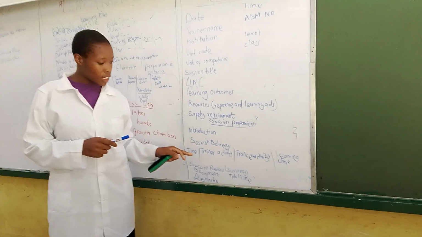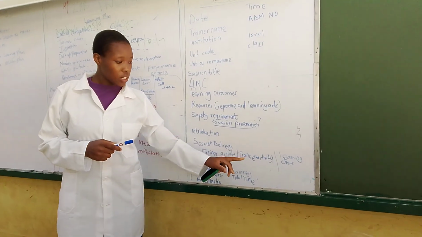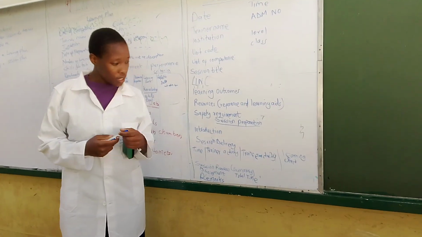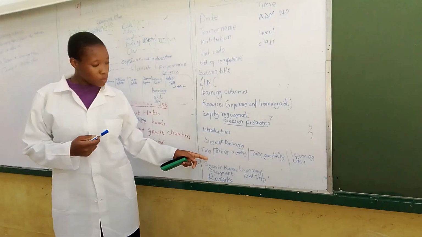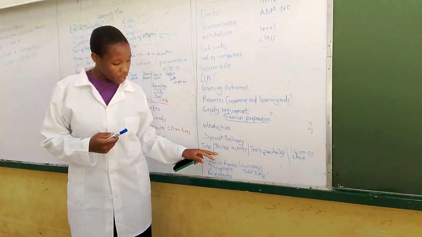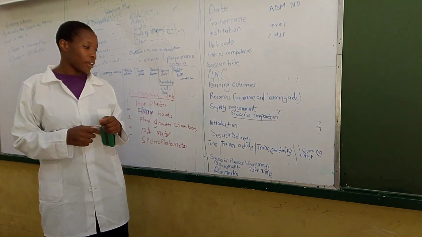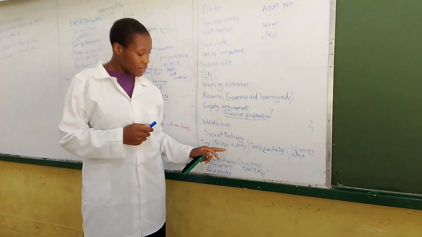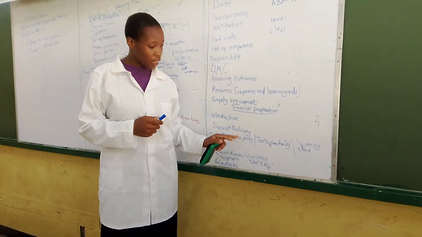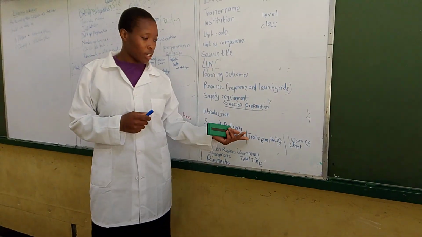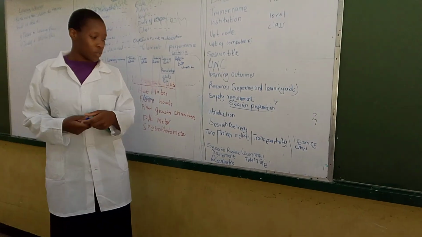In session delivery, we have the time, trainer activity, trainee activity, and the learning checks, where the time is distributed according to the questions or what we are learning on that day. Like for example, let's say a trainer poses a question here, and then gives time to the trainee to respond to the questions.